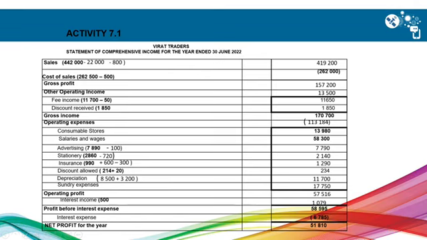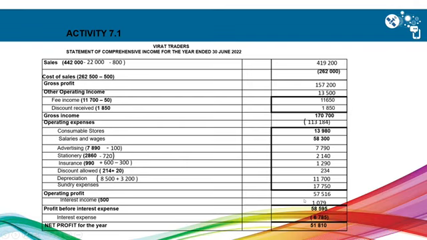Then the next step was I've added literally all my expenses up until my depreciation of 11,700. I came to a figure of 95,484. I've deducted that, and that gave me the missing figure of 17,750. These two figures, my gross income and my operating expenses, I deduct from each other to come to my operating profit of 57,516.